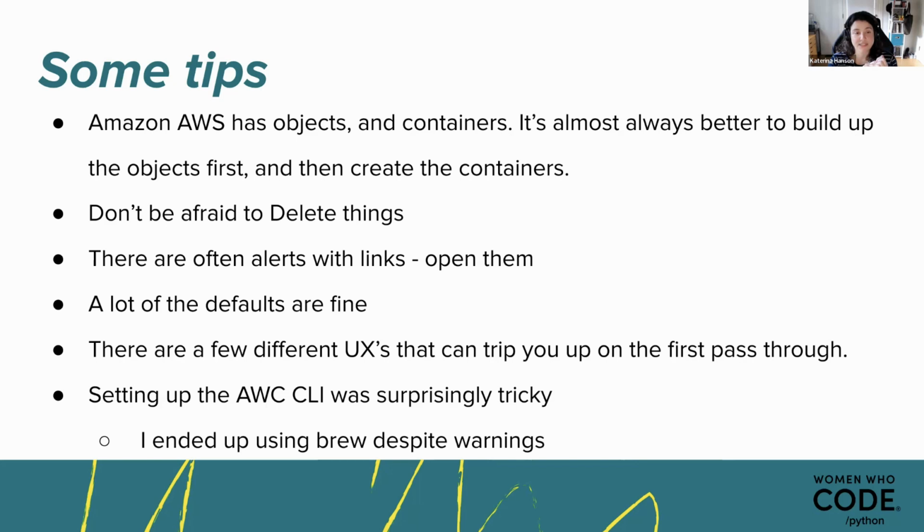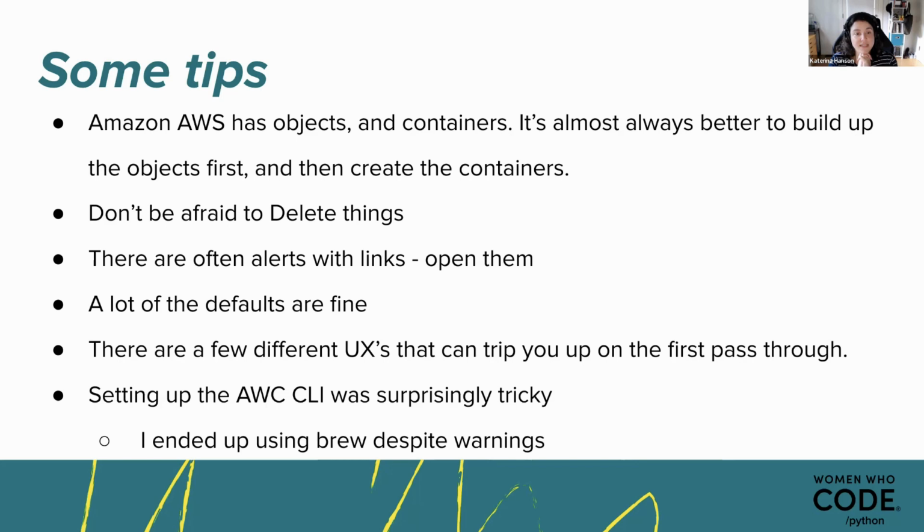There were definitely a few different UXs, so user experiences, that tripped me up on the first pass through, specifically around S3. The permissions model was unusual compared to the other UXs.